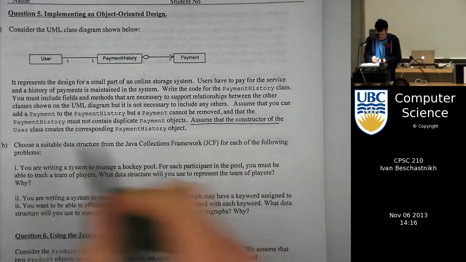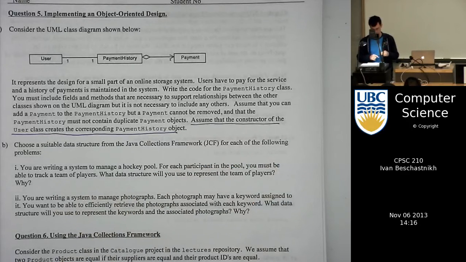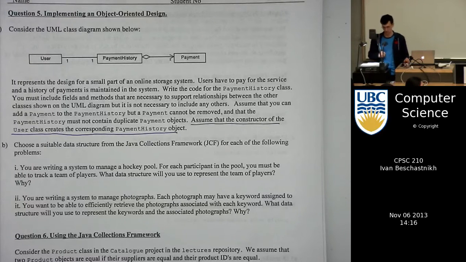So because of that, we are required to create an instance of event history in the constructor of the user class, right? Mm-hmm. But if we do not have that sentence, and we still want to honor the relationship between user and event history as shown in this diagram, then we can create an instance of user in the event history constructor and pass event history as a parameter to the user constructor.